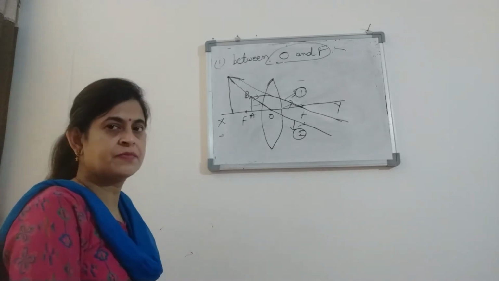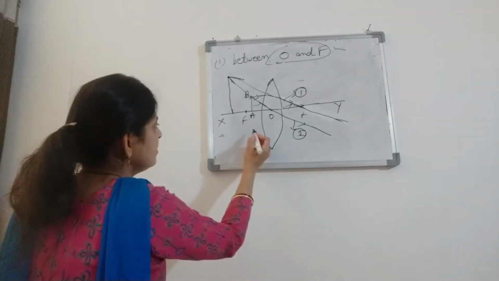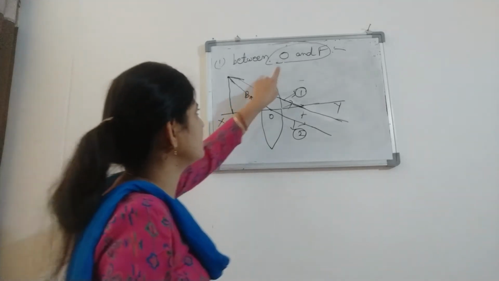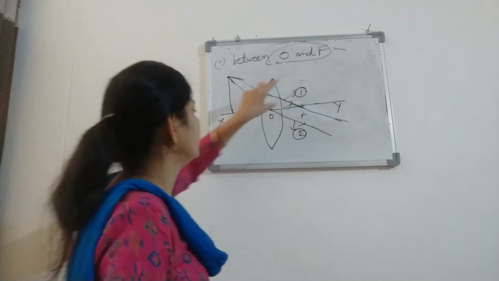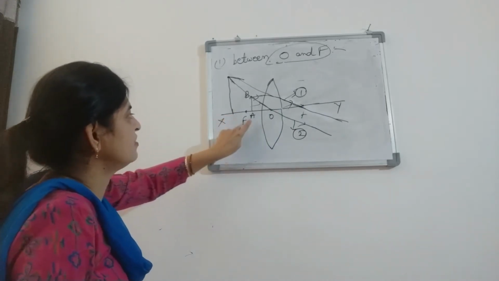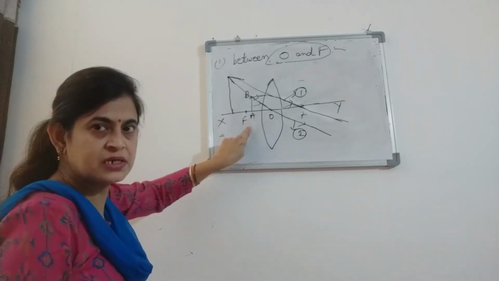That means in this diagram, when the object is placed between O and F, at that time the image will be formed on the same side of the object.